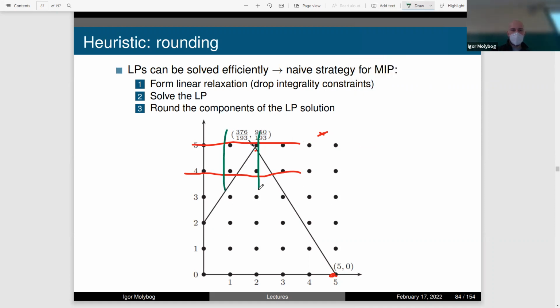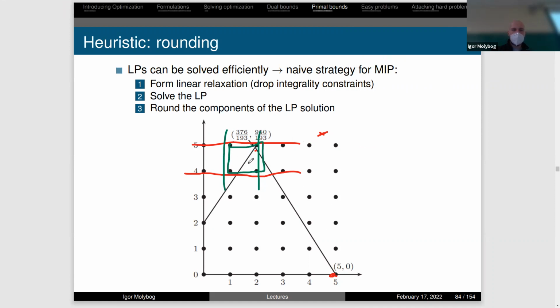So now we would optimize over the intersection of this square and this triangle. So now we would probably find a point that is different.